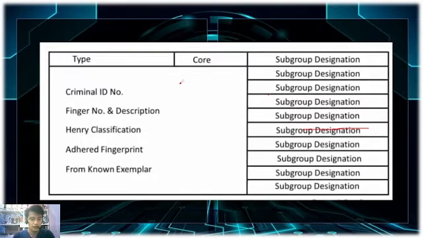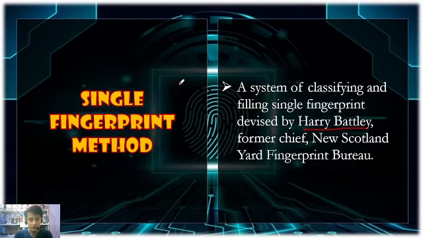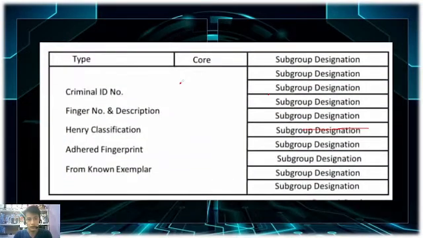Unlike in the Henry classification method, where all the fingerprints are recorded, the 10 fingerprints of the 10 fingers are recorded in one index card. So this is for single fingerprint method: only one card per finger.